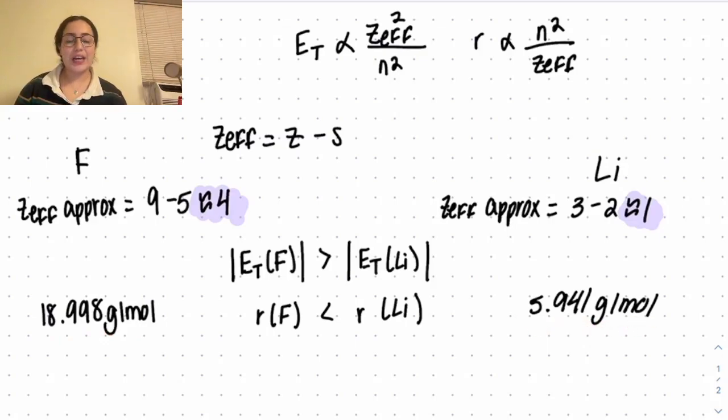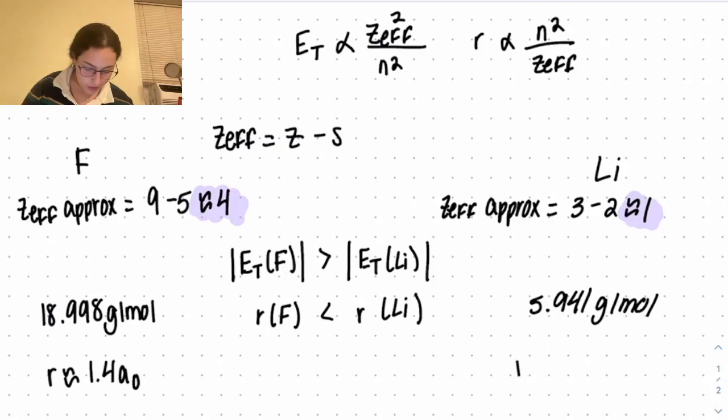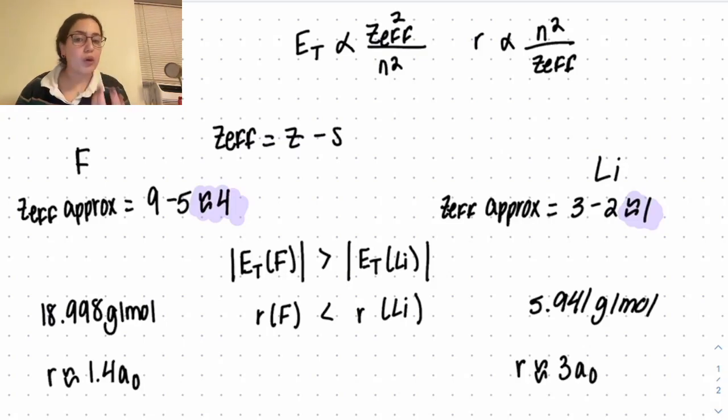But when you look at the actual radii of each, you can see that the radius of fluorine is about 1.4 A0, and the radius of lithium is about 3 A0. So the radius is over double that of fluorine, and that is all because of the Z effective.